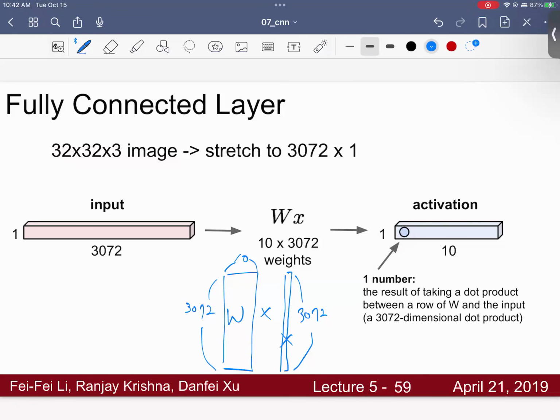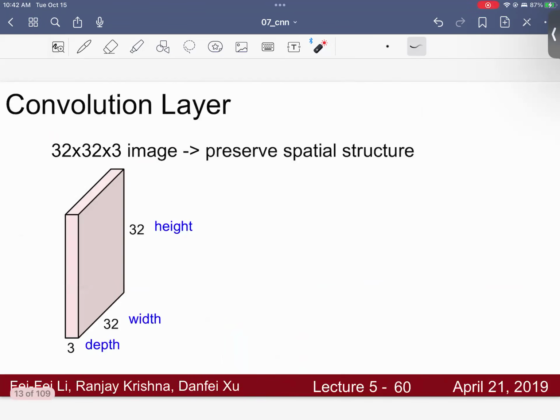What you're basically doing is taking the input and the first column and doing a dot product, an inner product between the two, and that's what you get here. The second value would be this vector and the second column, and you do an inner product, and then you get the second value. That's basically what's happening here, which is a little bit too simplistic, given that you're dealing with a three-dimensional data structure.